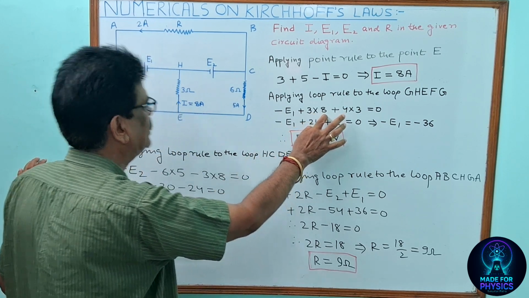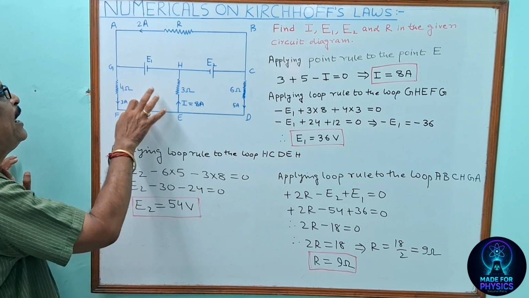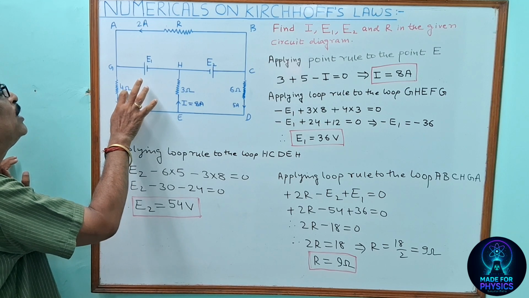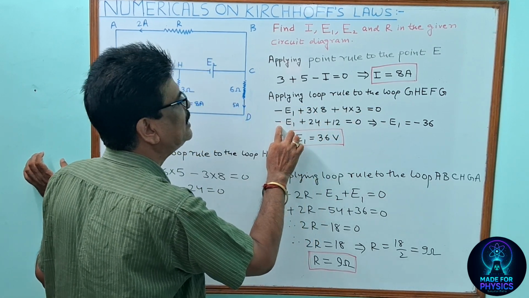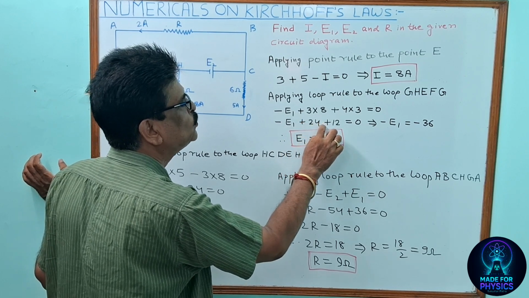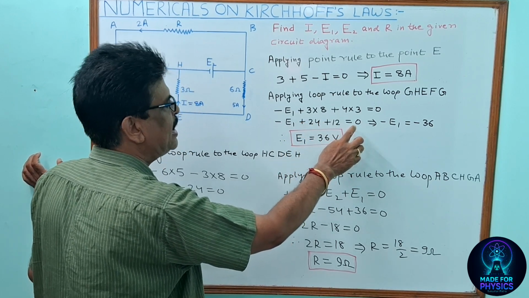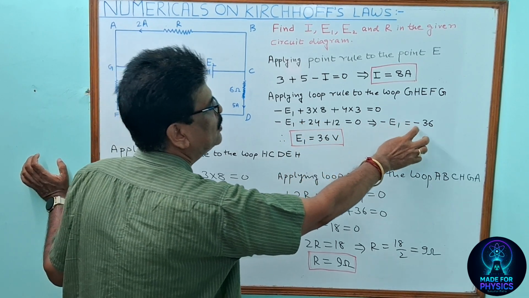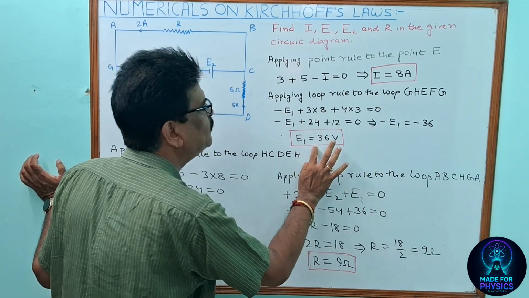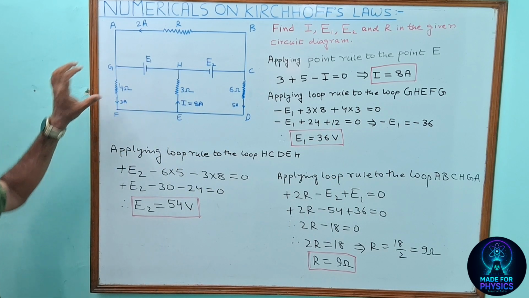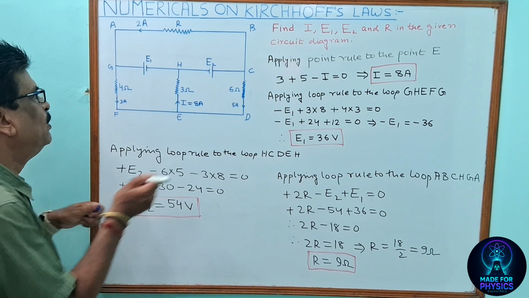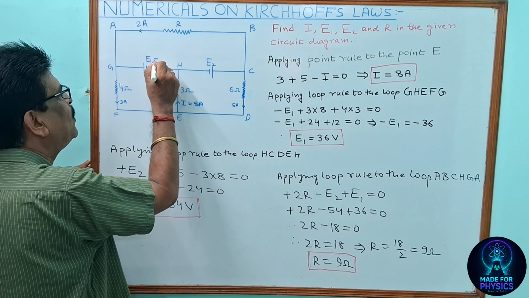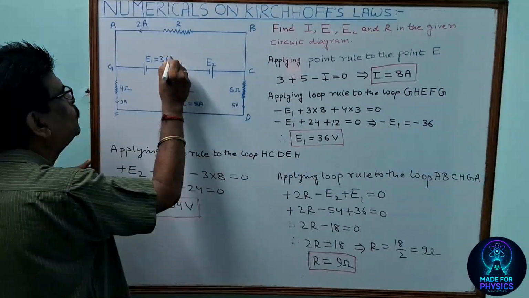Here again against the direction of the current, so product 4 into 3 with positive sign. So minus E1 plus 24 plus 12 is equal to 0, and therefore minus E1 is equal to minus 36, and therefore E1 is equal to 36 volt. तो E1 हम लोग का 36 volt हो जाएगा. So we can write this E1 now 36 volt.